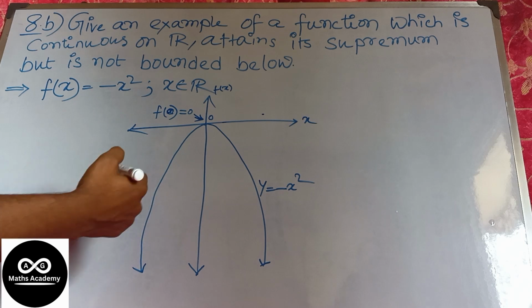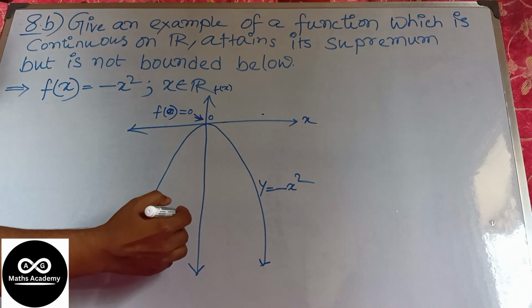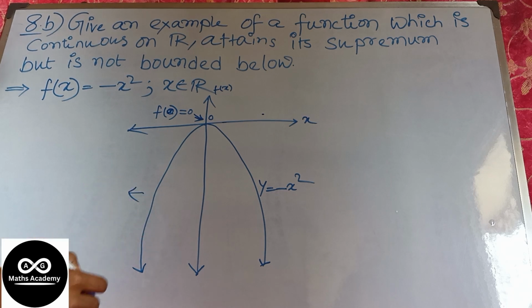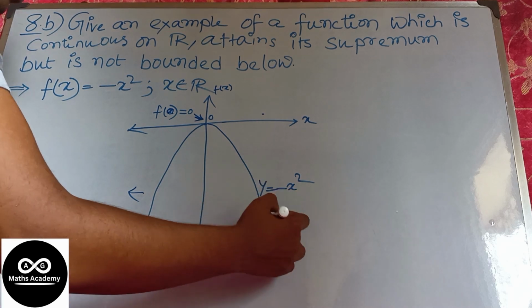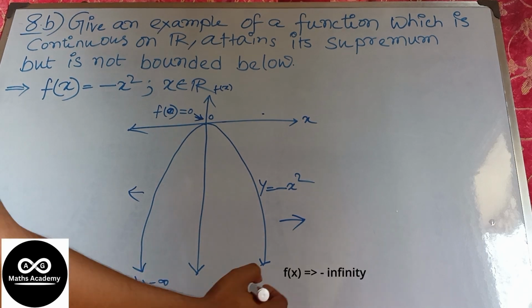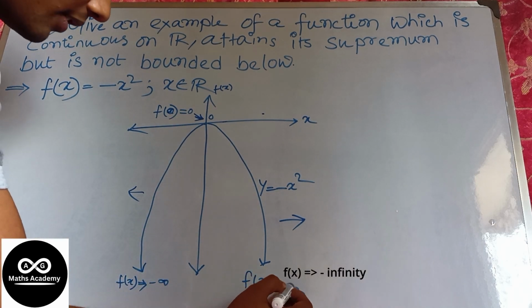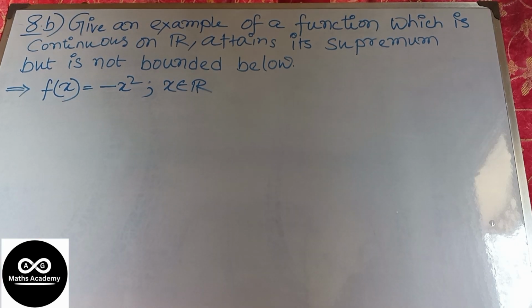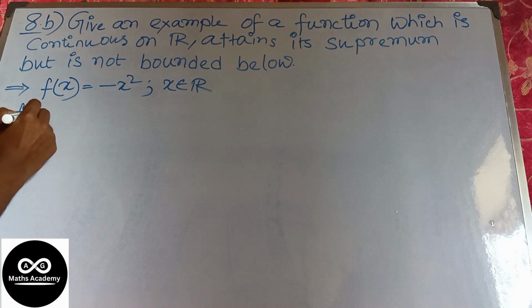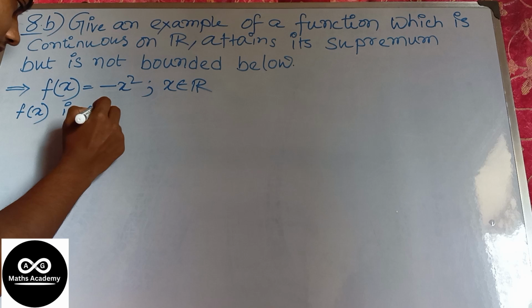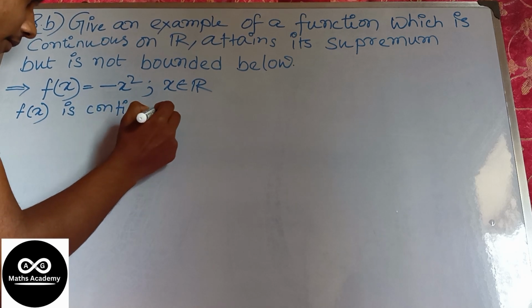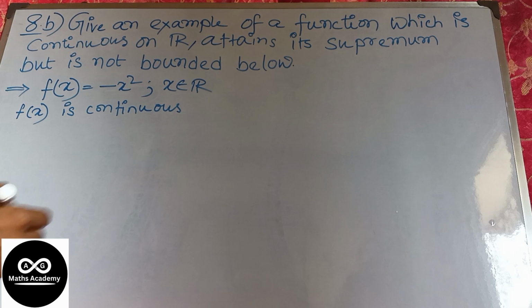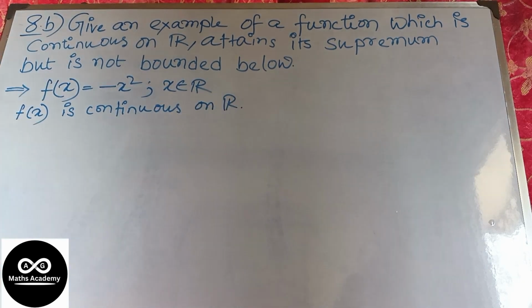Here, as x tends to minus infinity, and as x tends to infinity, what we can write now is that this function f(x) is continuous on R, as it is a polynomial.